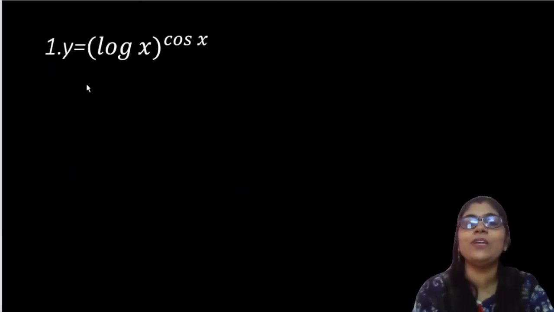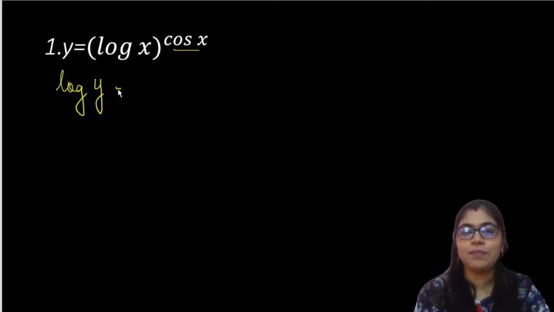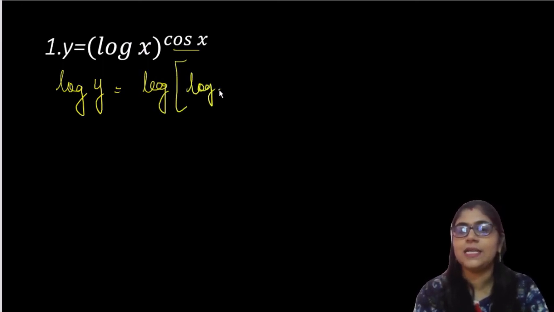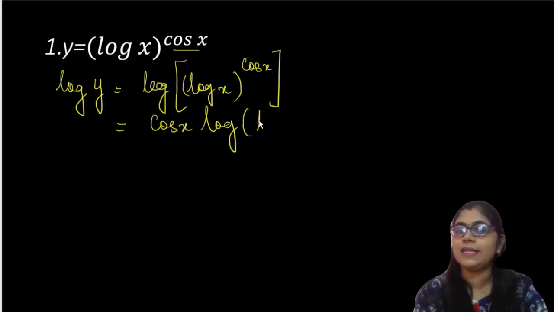So let's move to question number 1. y is equal to (log x) to the power cos x. So here we'll take logarithm of both the sides. That means log y equals log of (log x) to the power cos x. So we can write this as cos x log of log x.